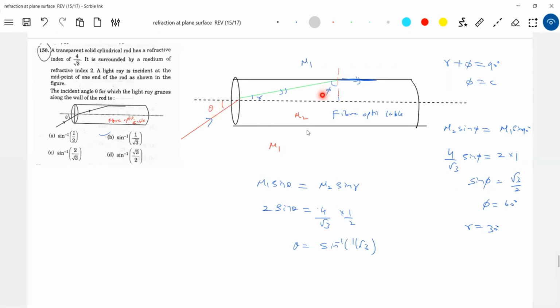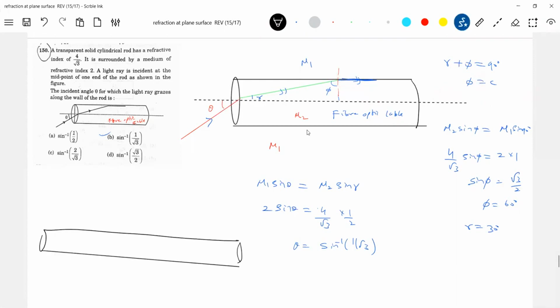If the angle of incidence at the wall is more than the critical angle, it will undergo TIR. This is called the launching cone angle. If you draw a cone here, any ray which lies within that cone will undergo successive TIRs. It is going to reach from one end to the other end without loss of light.